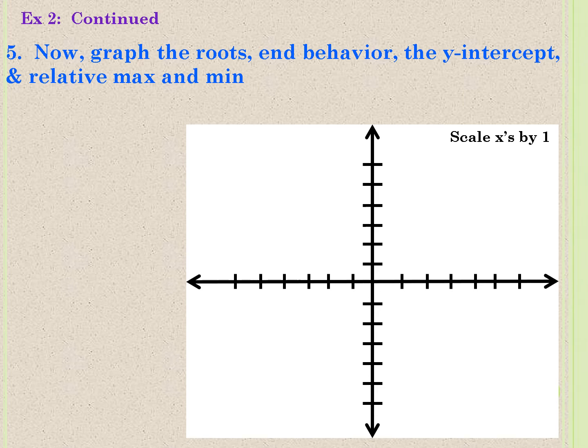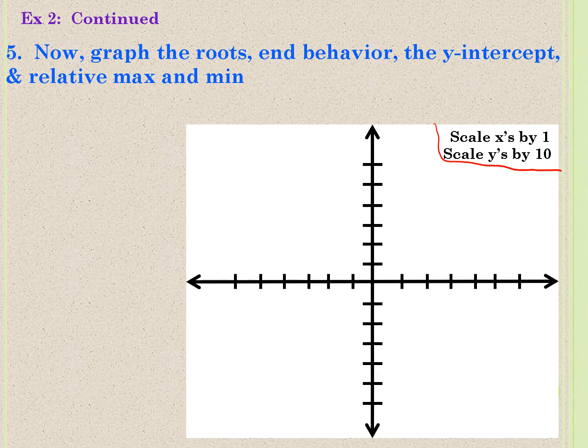So yeah, scaling it by 1 ain't going to cut it. So I'm going to scale my y's by 10. Anytime you change the scale from 1, you need to indicate somewhere on your graph what your scale is. Do not assume that the reader of your graph knows what that scale is. You have to tell the person reading your graph what you're counting by.